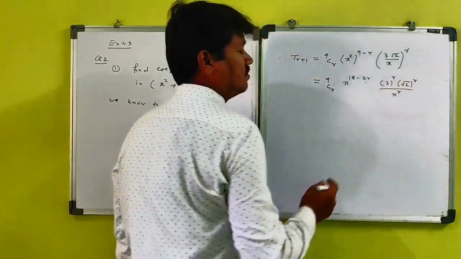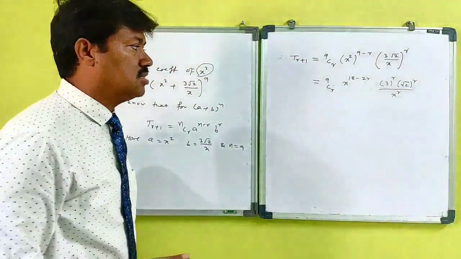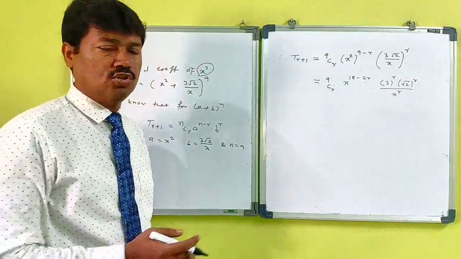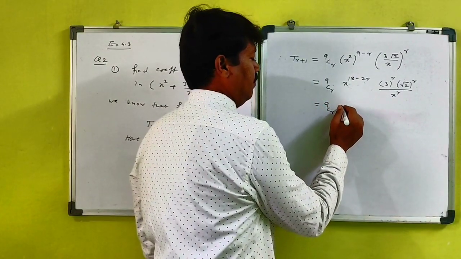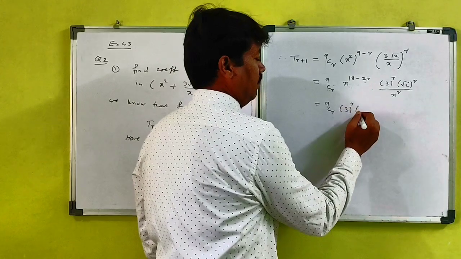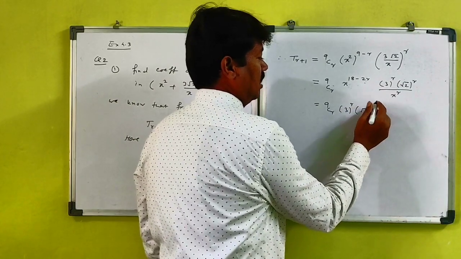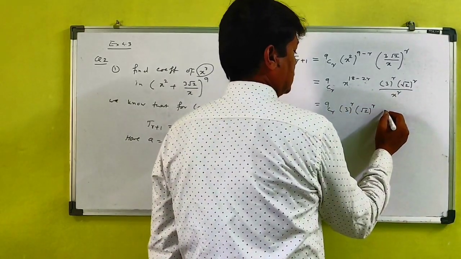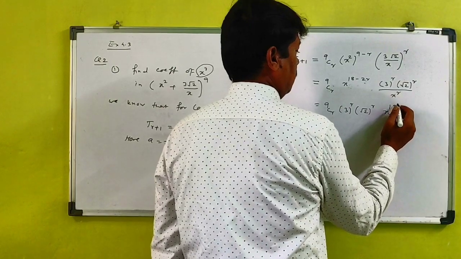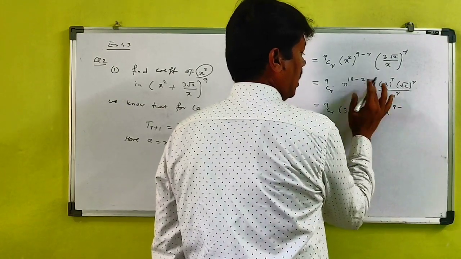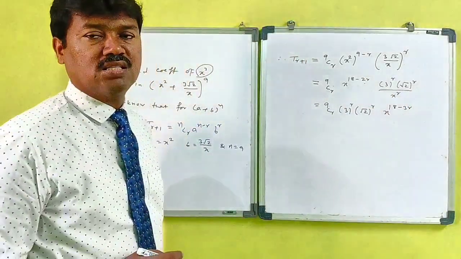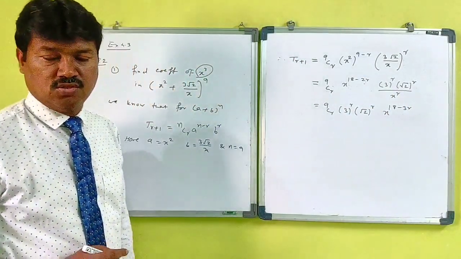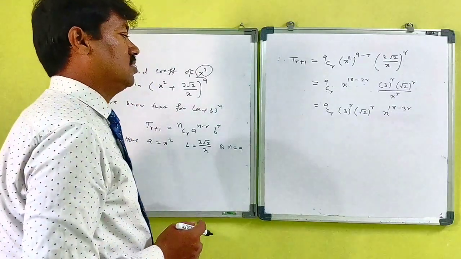These terms are constant, so the constant terms go with the coefficient: nCr, 3 raised to r, root 2 raised to r. This is x raised to 18 minus 2r, and this r goes up. So it will be 18 minus 3r, so it is x raised to 18 minus 3r.